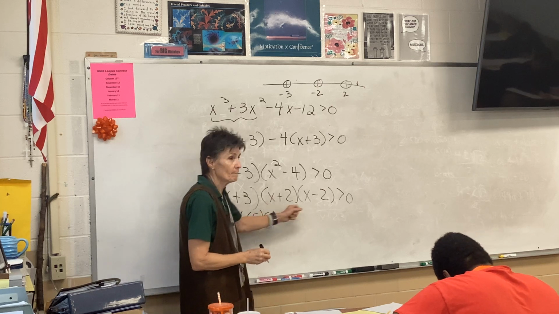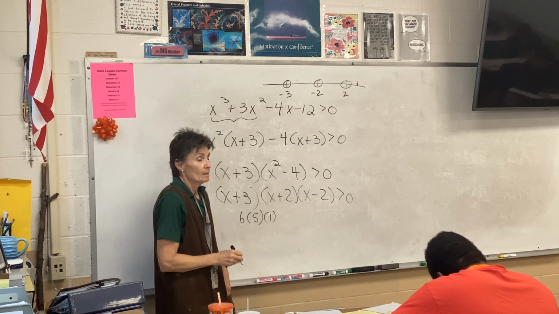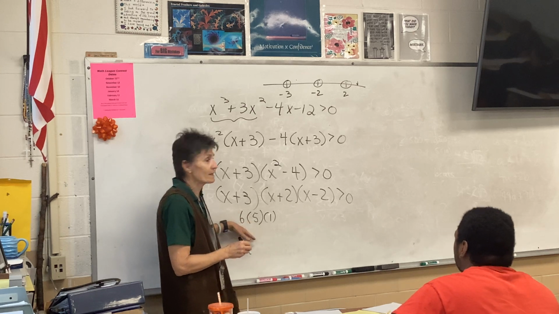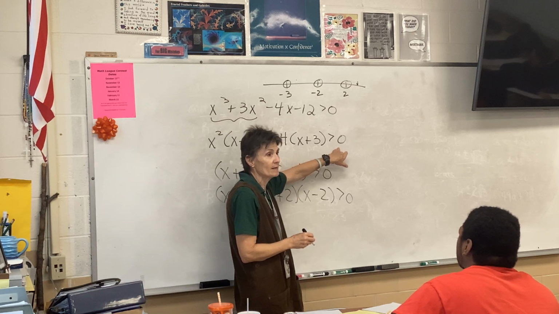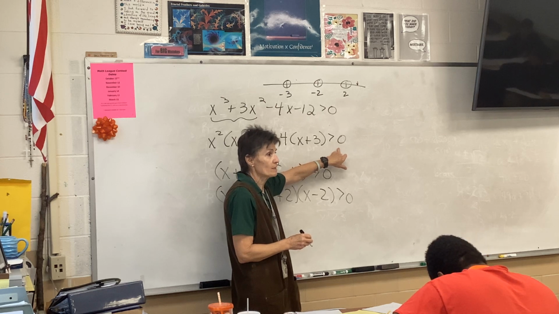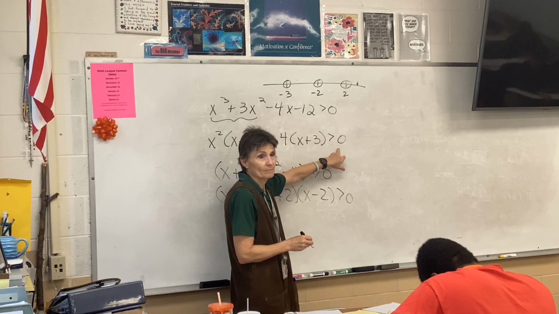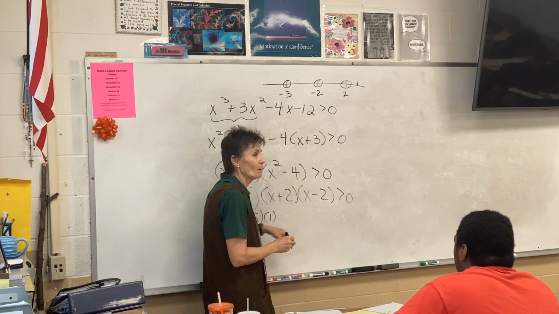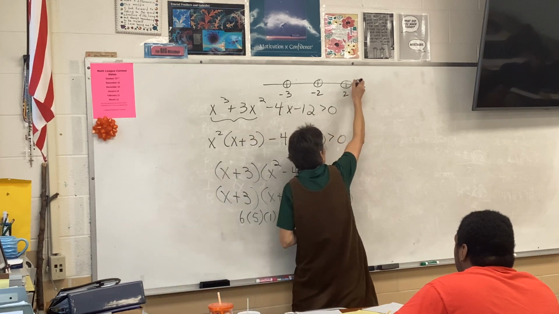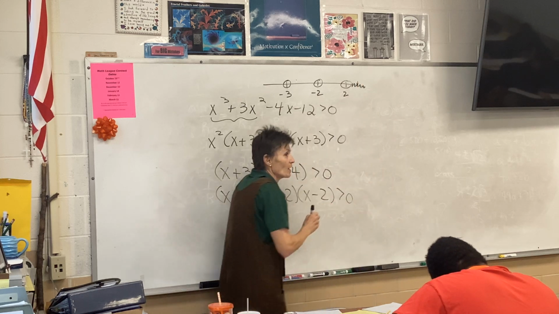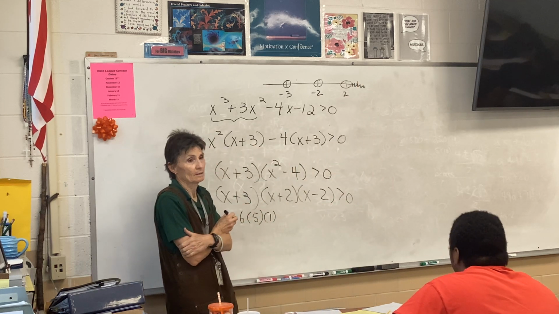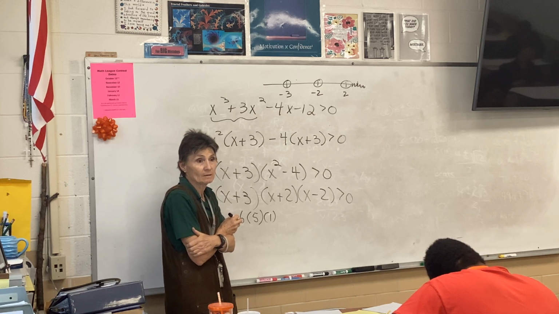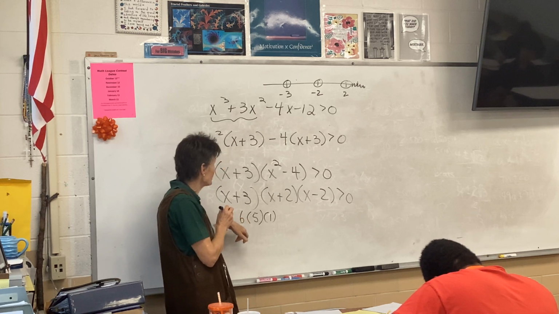If I put in 3, now I know that's 30, but I really don't care what it is. What do I care about? Is it bigger than 0? Is 30 bigger than 0? Yes, 30 is bigger than 0. So what does that mean? I shade it. I shade the part where 3 is. 3 is the number we checked.